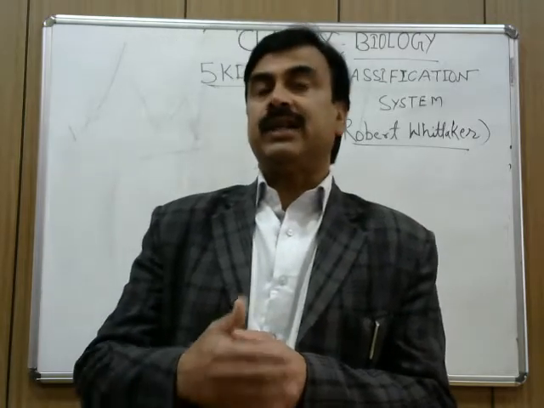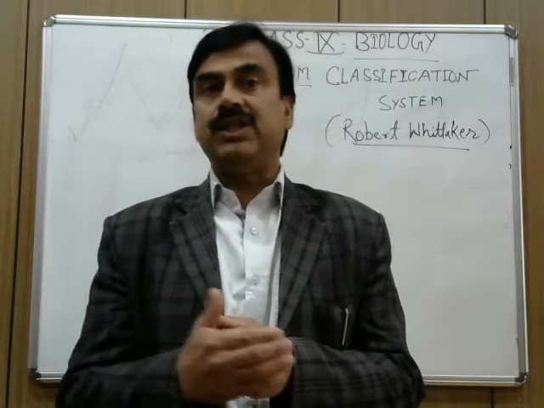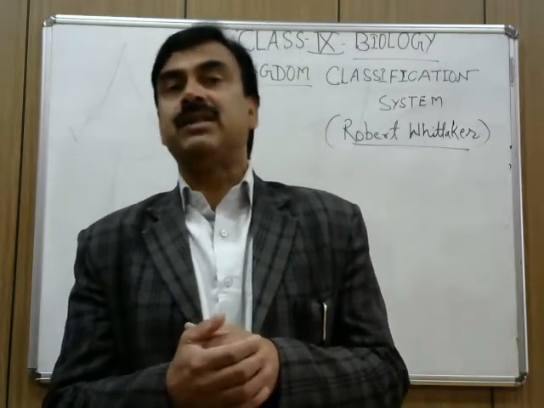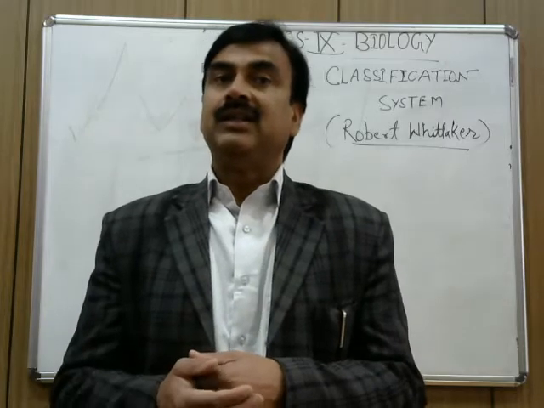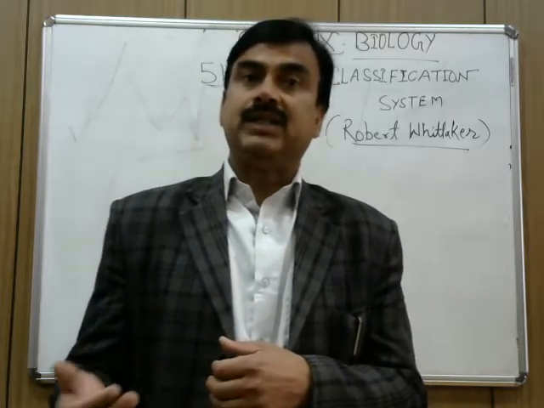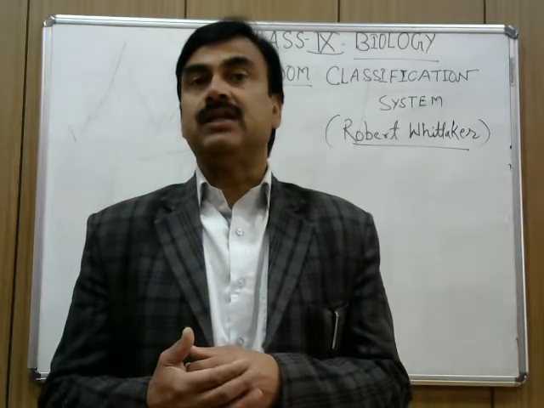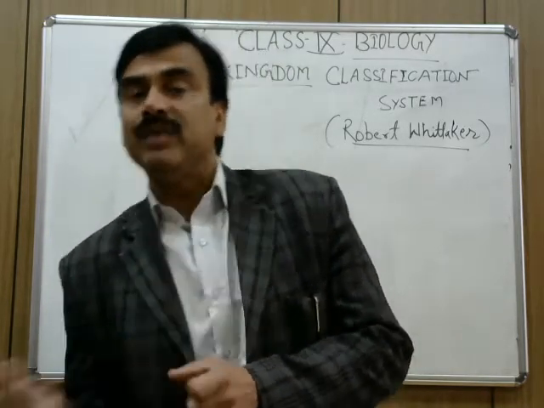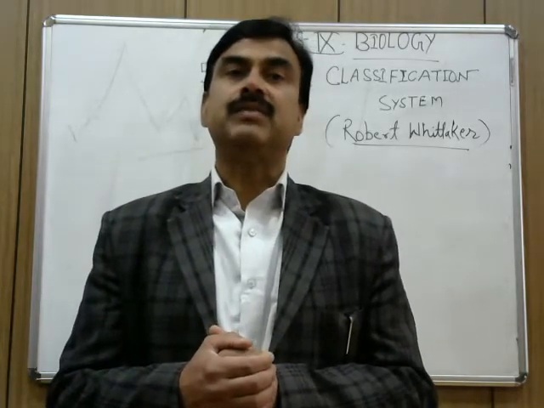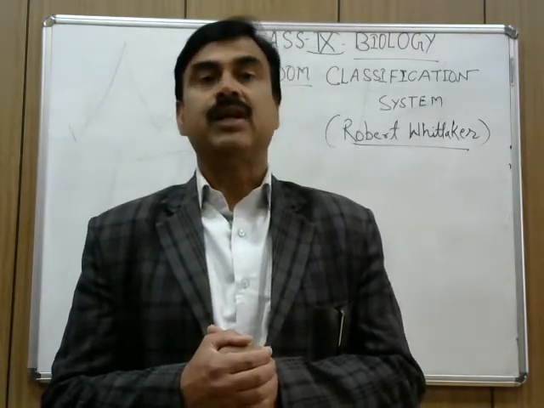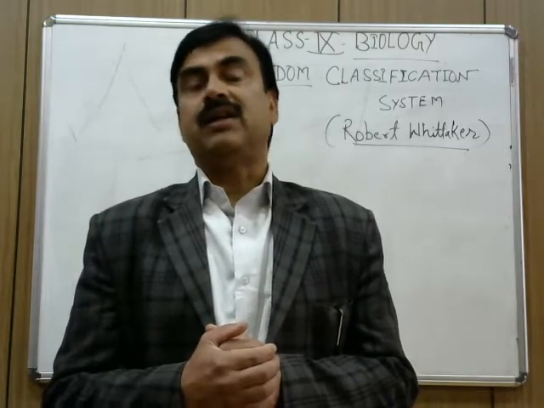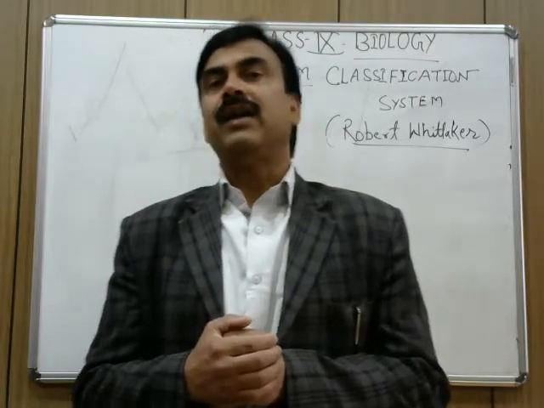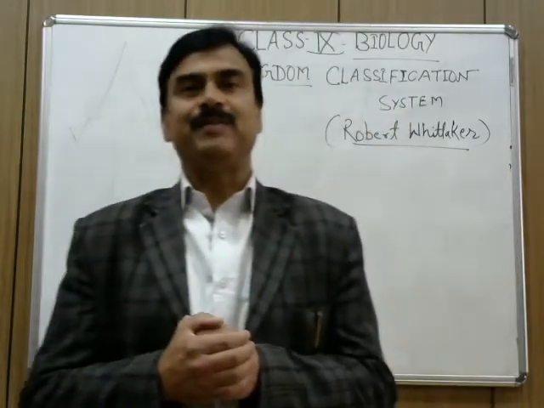As far as writing is concerned, the genus always begins with a capital letter, so do not make the mistake of beginning with a small letter. The species is always written starting with a small letter, like Homo sapiens, Rana tigrina. So Homo is the genus name and sapiens is the species name, right?